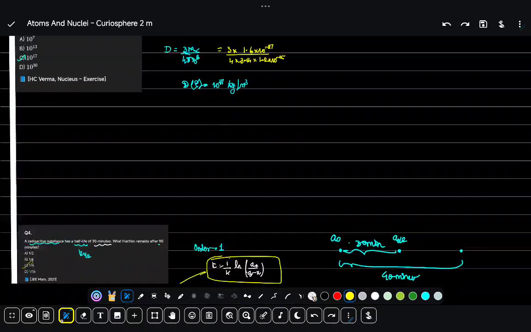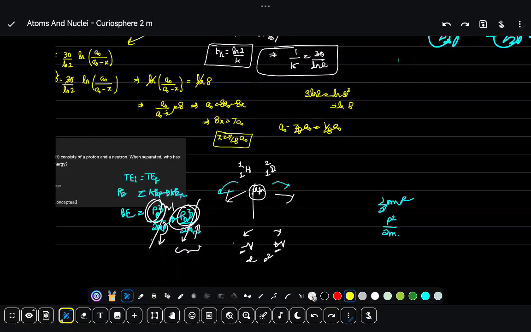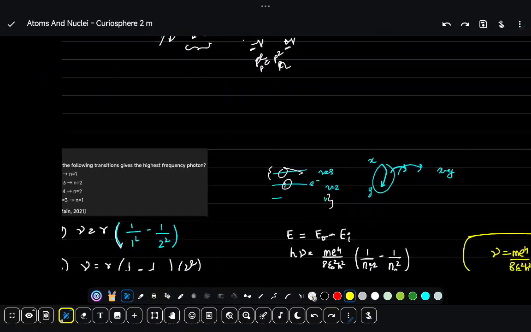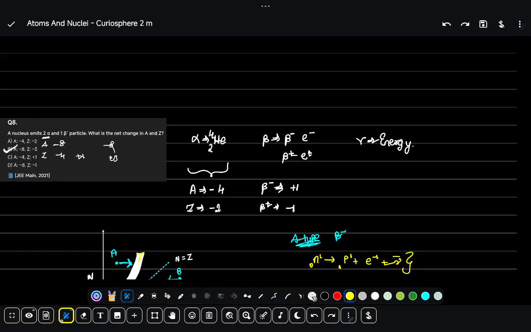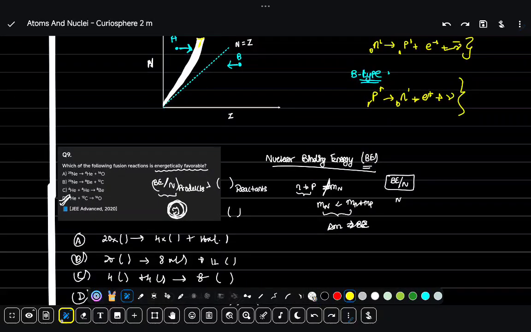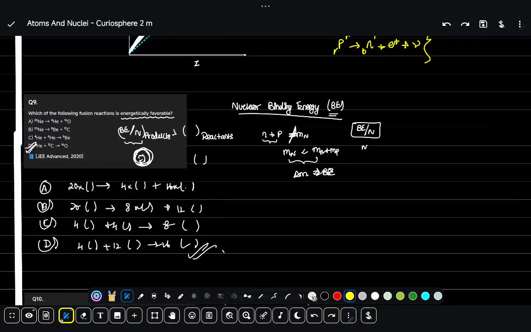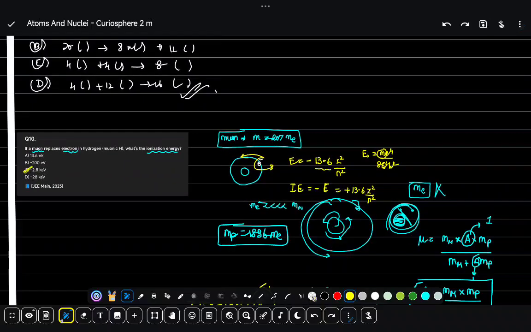They gave some reactions and asked which is exothermic or which is spontaneous, something like that. Okay, I'm not able to find it. Let us see. Okay, no issues.